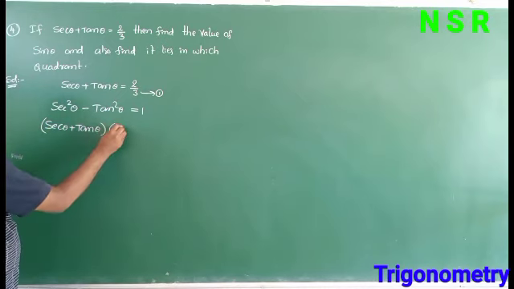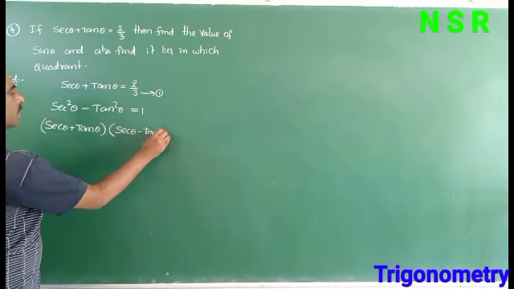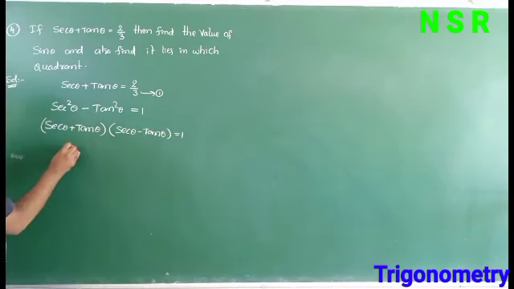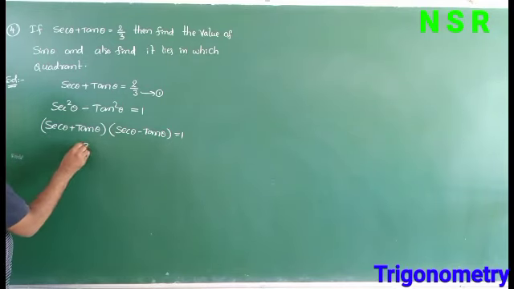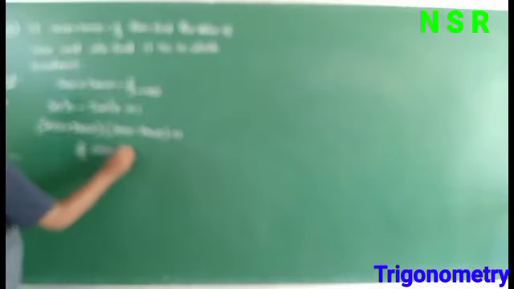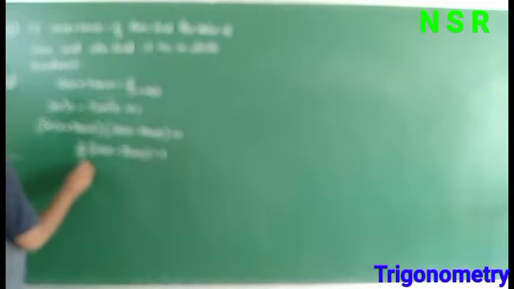Secant theta plus tan theta into secant theta minus tan theta is equal to 1. Secant theta plus tan theta is already given as 2 by 3. So, 2 by 3 into secant theta minus tan theta is equal to 1.